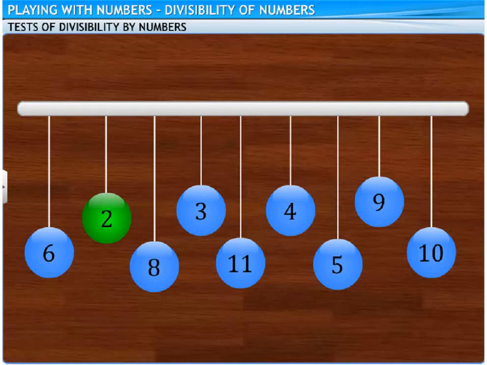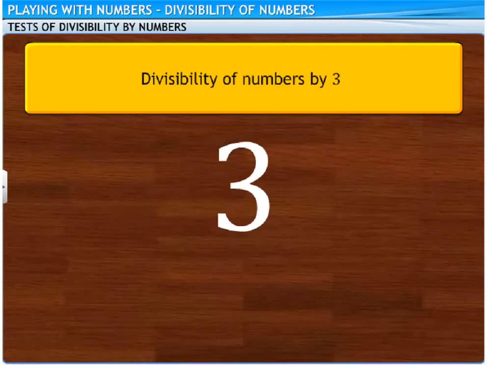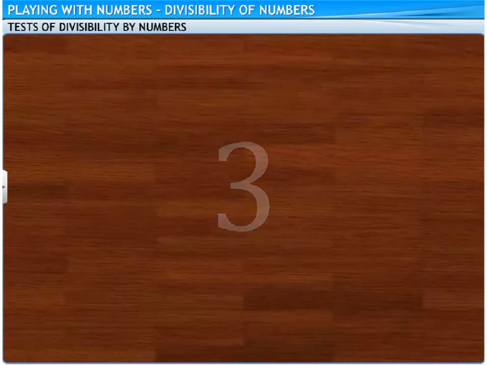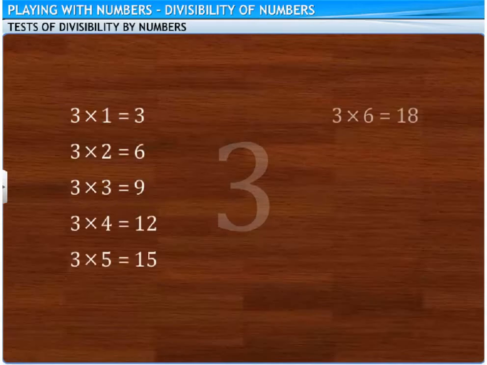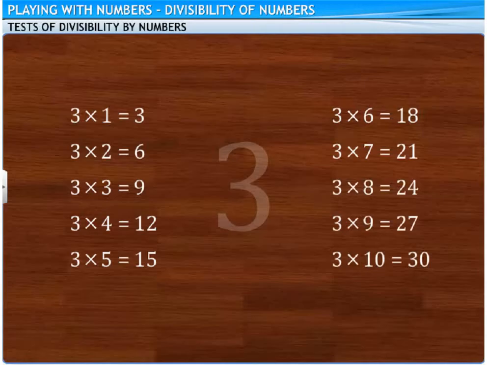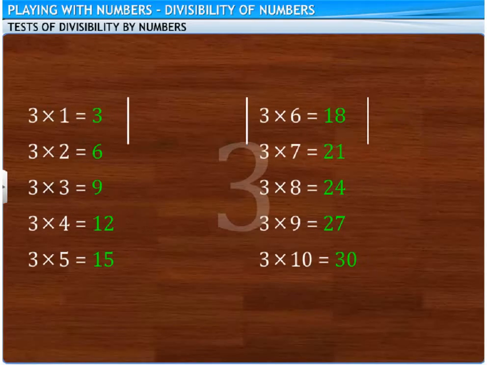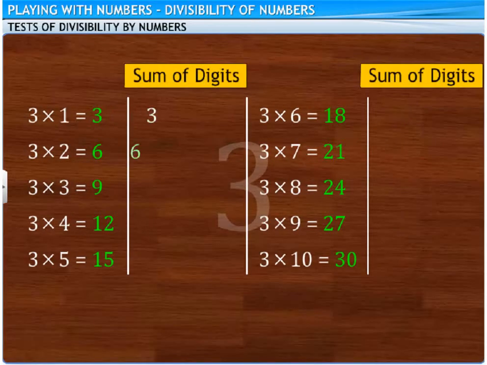Now, let us look at the test of divisibility of numbers by 3. Let us take a look at the multiplication table of 3. The highlighted numbers are multiples of 3, and hence divisible by 3. Now, look at this interesting pattern.